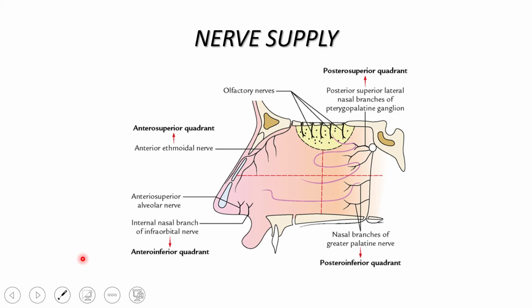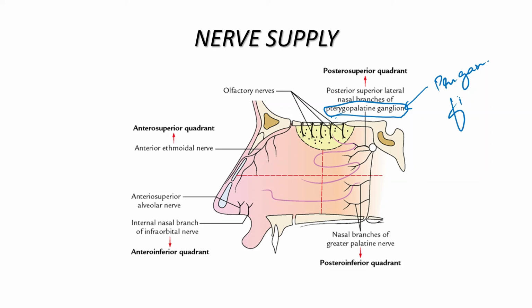So the nasal glands are supplied by the postganglionic fibers coming from the pterygopalatine ganglion, which receives the preganglionic fibers from the superior salivatory nucleus. So this is about the secretomotor supply.